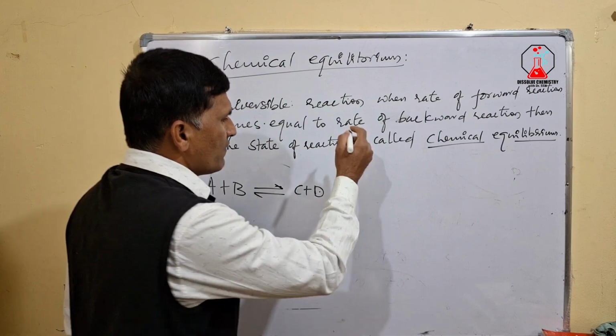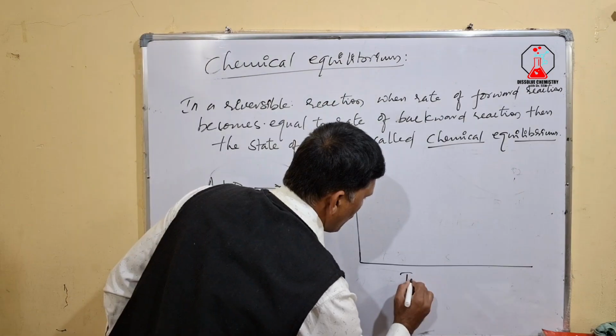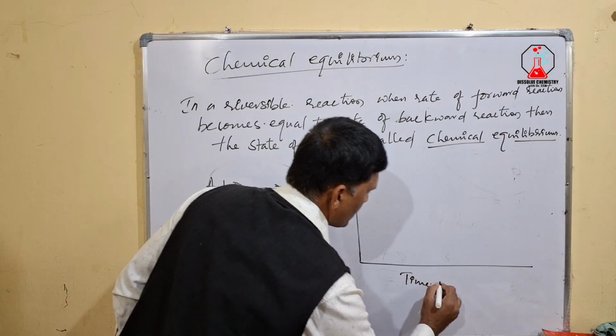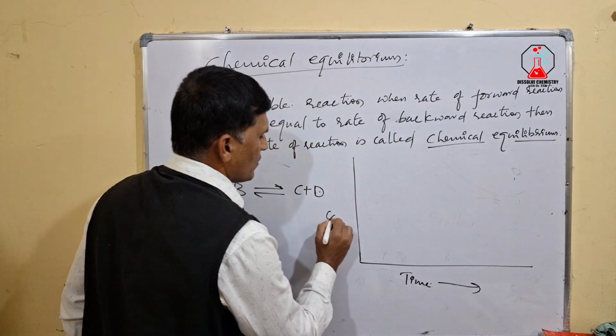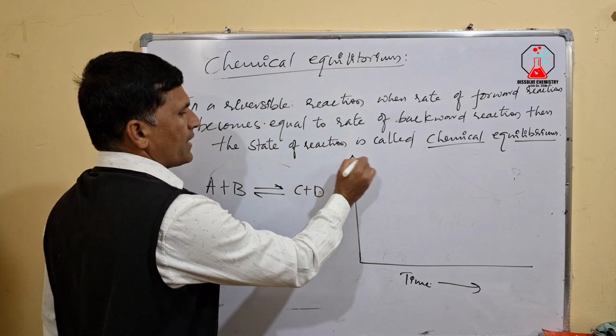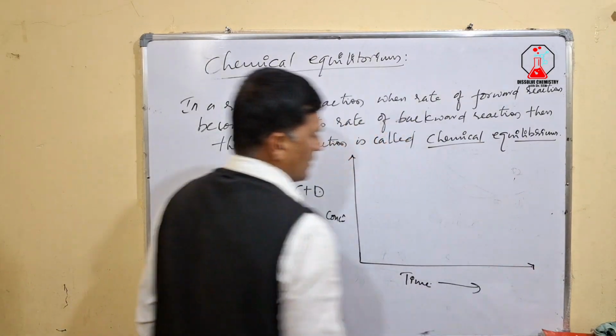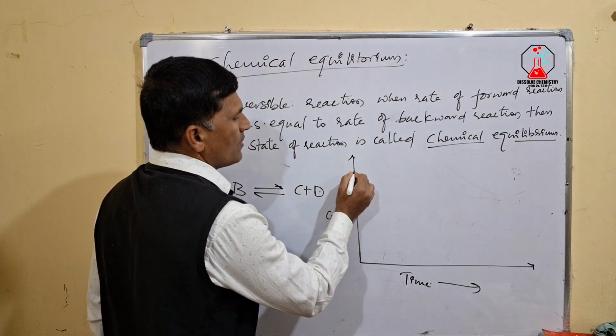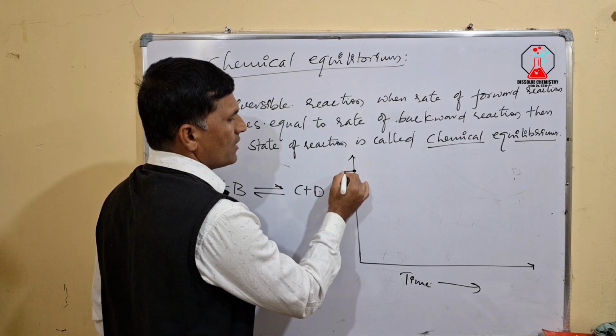Fine. So that we will see graphically. Time coordinate you can take. This you consider as time, and this is concentration coordinate. Okay. So now we will take, initially the reactants will be at what? High concentration.